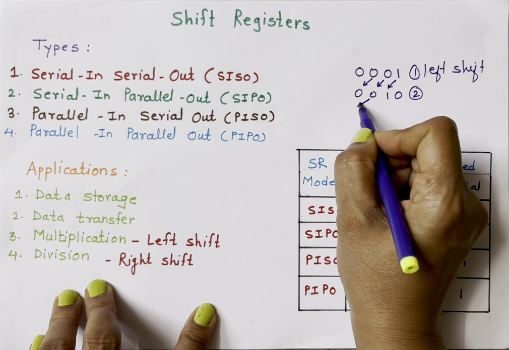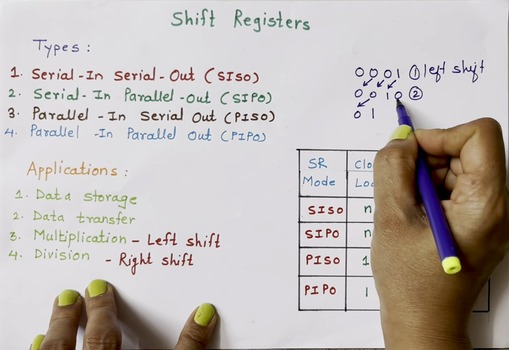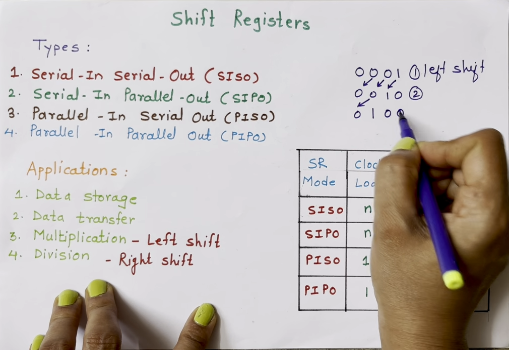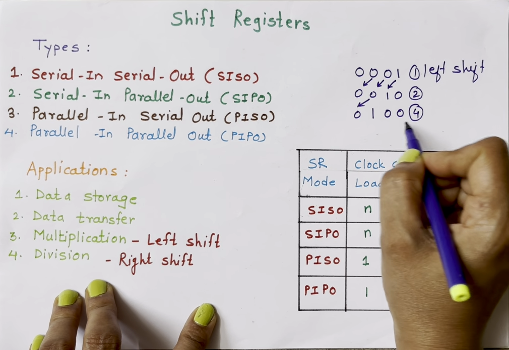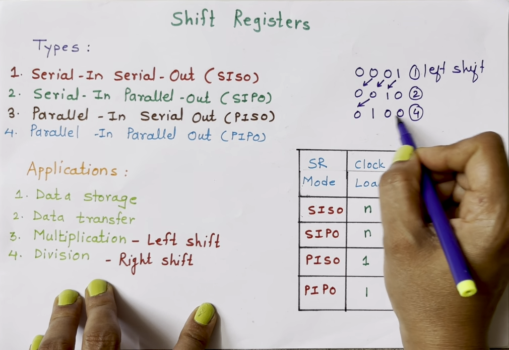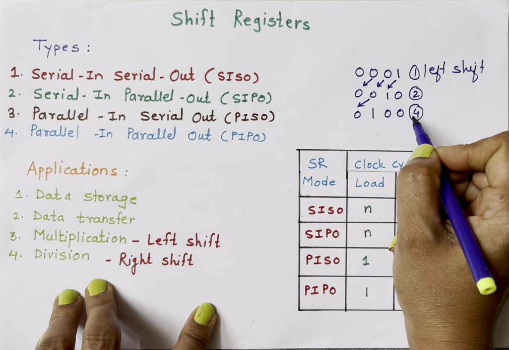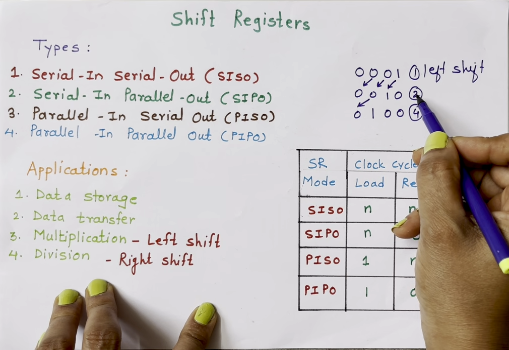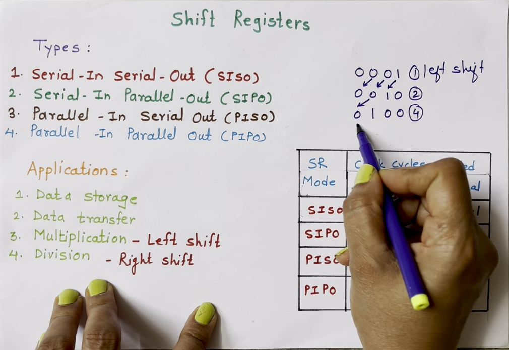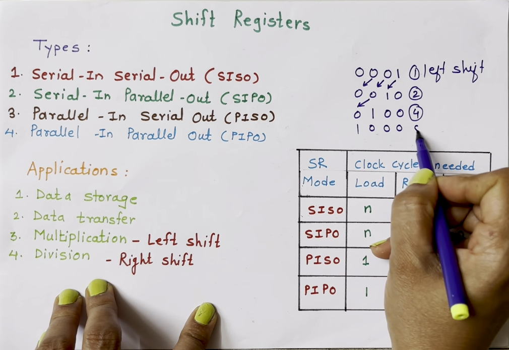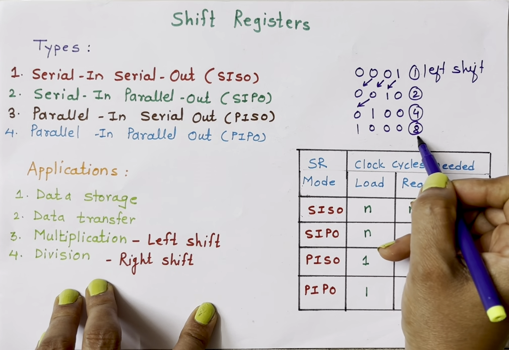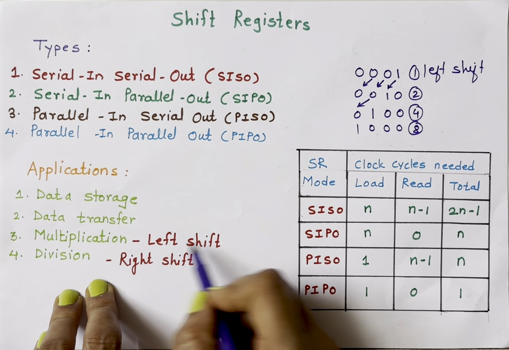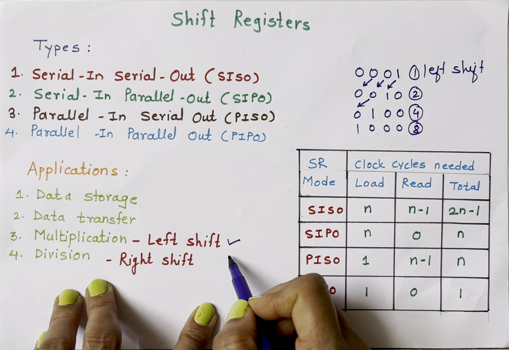Again if I shift, this 0 will come here, this 1 will come here, this 0 will come here and here is 0. So it becomes 4, the decimal equivalent is 4. So this is nothing but multiplication by 2. 1, then 2, then 4, then this will become 8. So this is multiplication by 2. In this way we can perform multiplication operation.